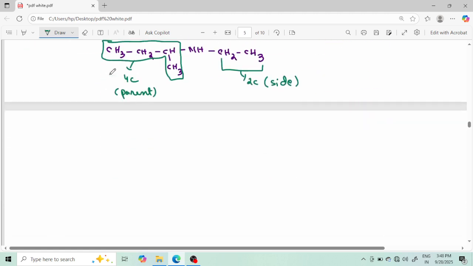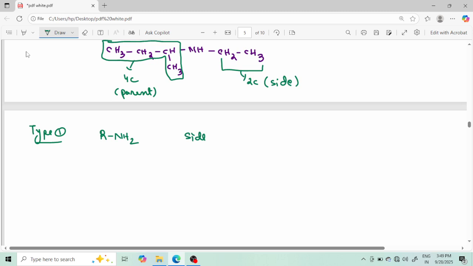Now how to name it? Here also you have to follow this rule, okay, but before that you have to know the priority order. We'll be doing the IUPAC naming of this aliphatic amine in 3 parts. Okay, so let's do type 1. In type 1 only 1 degree amine is used. So what's the general way of writing the name?